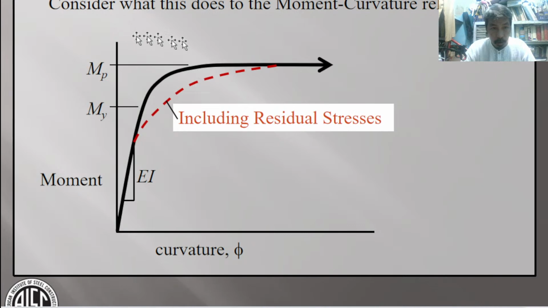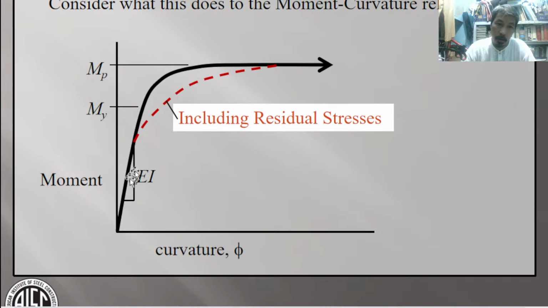So consider this is now the further increase of residual stress. As you further increase, the lower the curve will become. So for example, this is 1, and we have another curve here, 2.